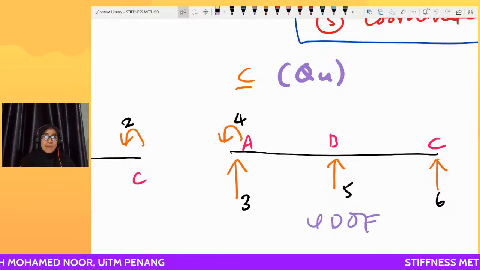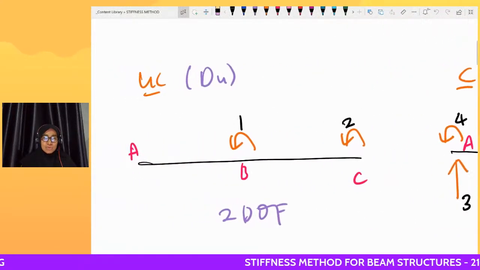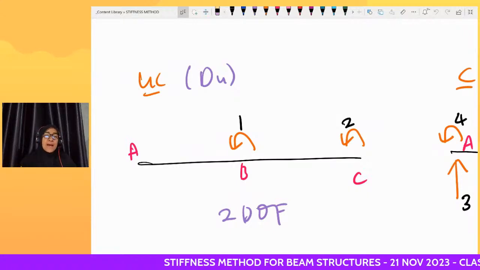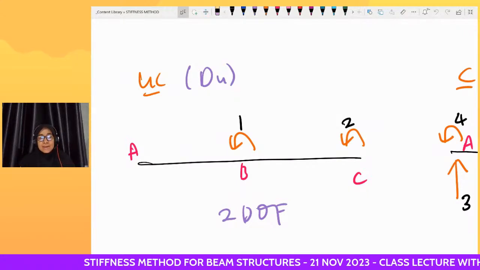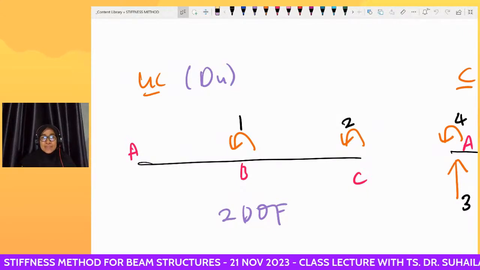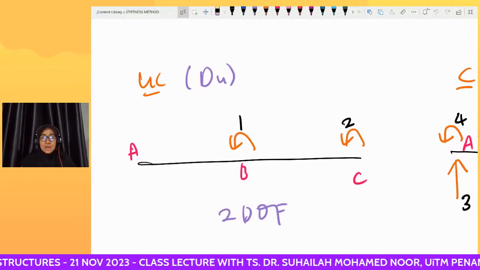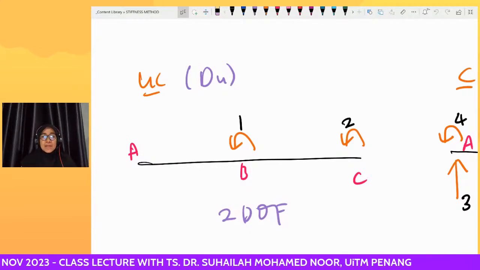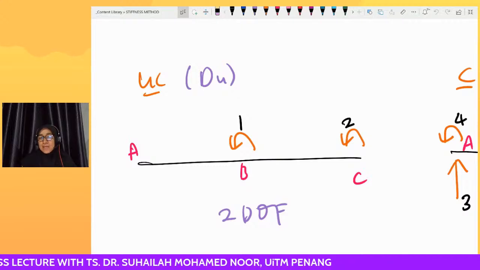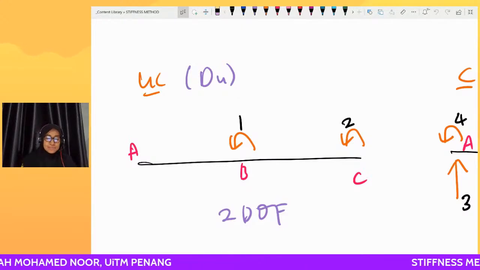In total, it must be 6, so there are two remaining, which we put at B and C. In the unconstrained system they represent D1 and D2, the rotation at B and the rotation at C.